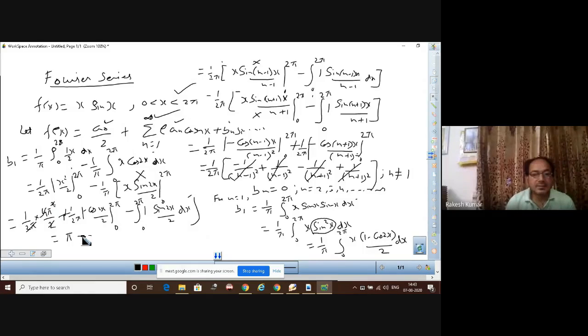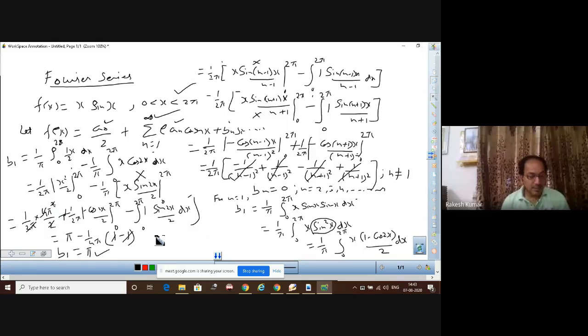Now you can get minus 1 over 4 pi. Substitute the upper limit 2 pi. So cos 4 pi will be here. Cos 4 pi is always plus 1. Cos 0 is always 1. So this term will also vanish, and only you will get 1. So this is your value of b1.